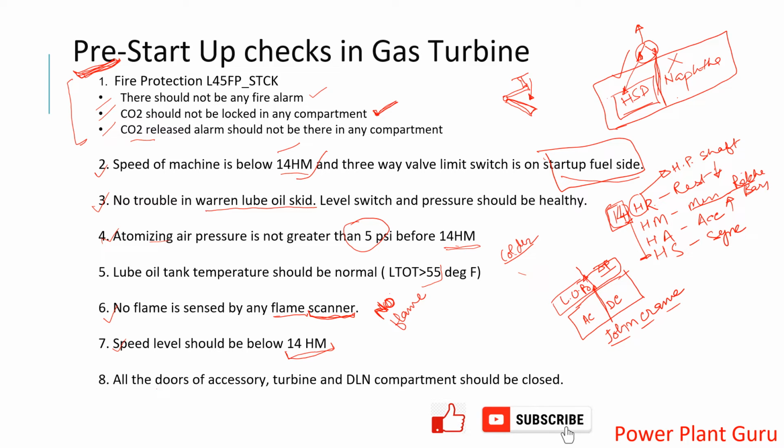Because this is related to safety, that people should not be accessing the machine compartment when it is in acceleration or startup. Basically, the hazard is release of CO2. So in case of any fire or any such event, the CO2 may flood into the system. So that is why the door should be closed and the operator should be out of the turbine compartment. That is one check which has to be there in the startup system.